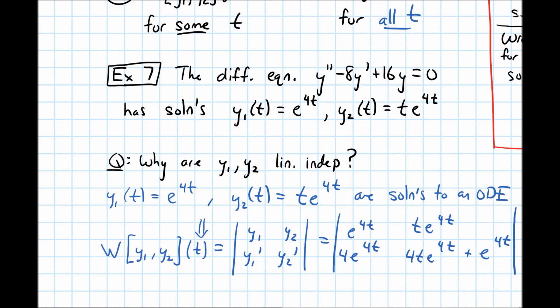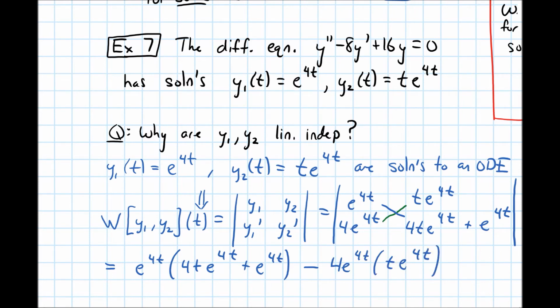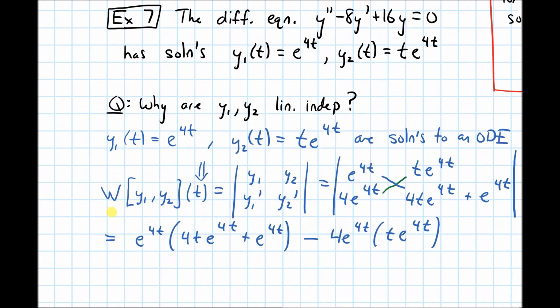All right, so now let's evaluate this determinant. First we have to multiply these two entries. So we'll get e to the 4t times (4te to the 4t plus e to the 4t), and then minus what we get from multiplying the other two diagonal entries. So minus 4e to the 4t being multiplied by te to the 4t. Let's continue to simplify.